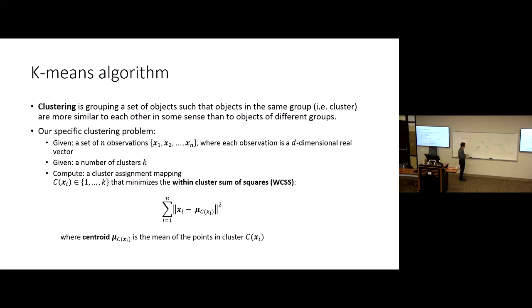If you make a mistake, for example, you assign x2 to the C3 group, then you have to compute the distance from x2 to the C3 center. This distance is large. If you have a misassignment, you will have an increased distance, and your total will be higher.